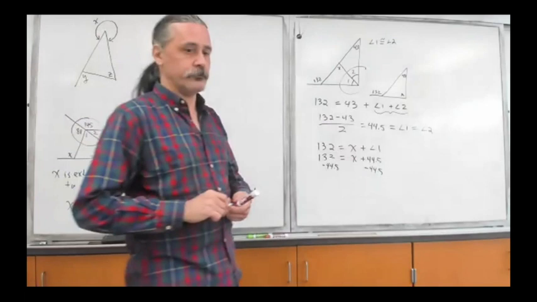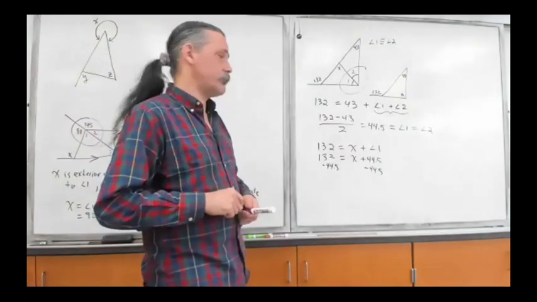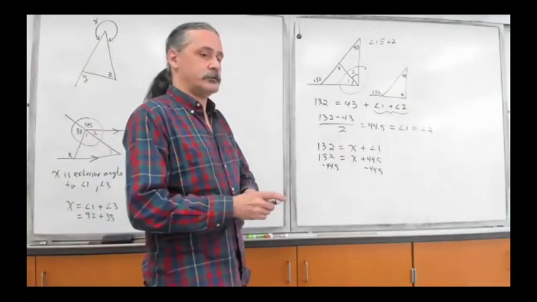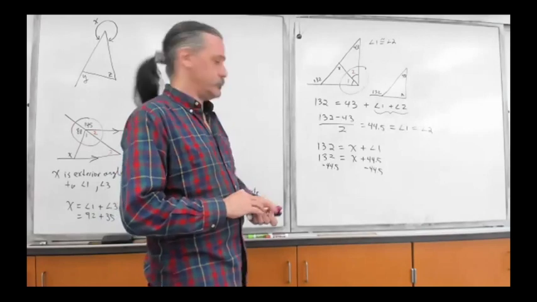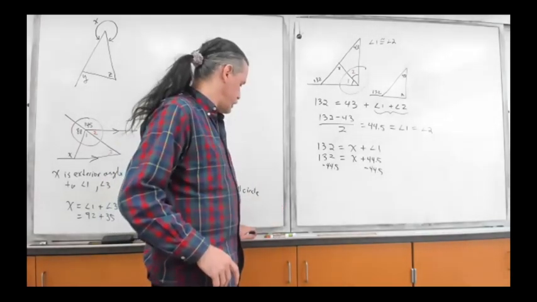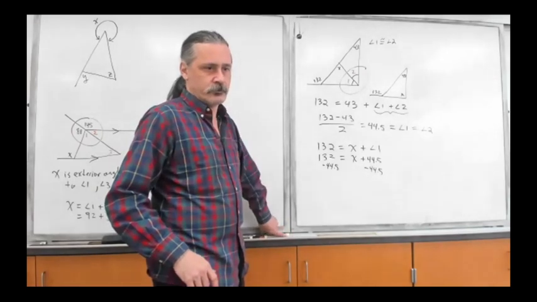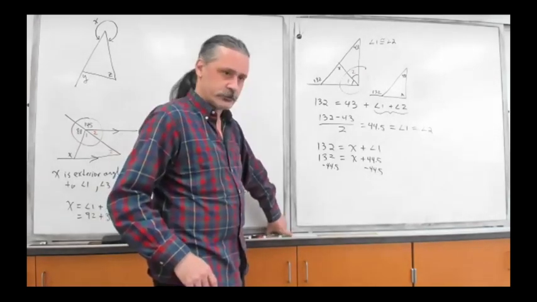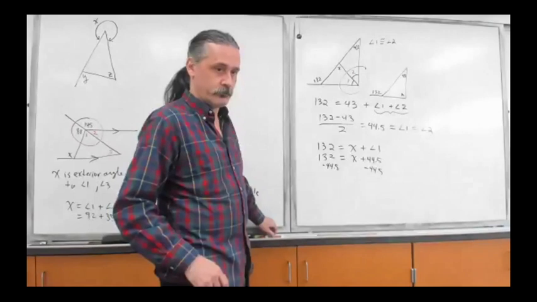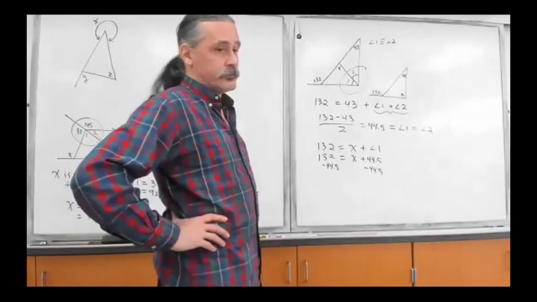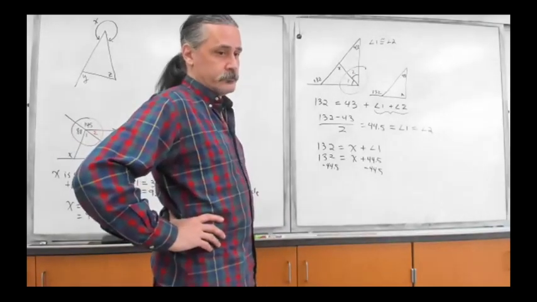So very helpful. If it wasn't for the exterior angle theorem, that would be a hard problem. So that's one of the reasons why we use that theorem. It simplifies what would normally be more challenging. And that's how we did this problem. We did the exterior angle theorem twice.